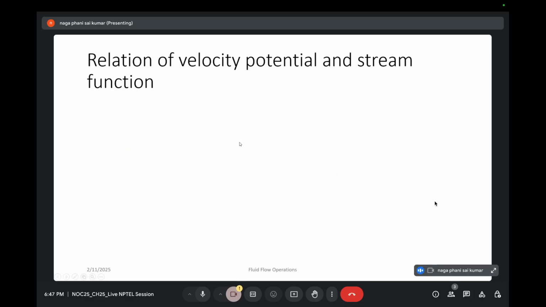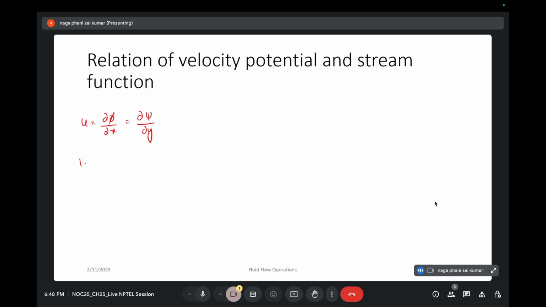So now the relation between velocity potential and stream function. Let's write down these equations. We have u equal to dou phi by dou x, right? And this is also equal to minus dou psi by dou y. Okay, using velocity potentials and stream functions, u will be equal to dou phi by dou x and dou psi by dou y.